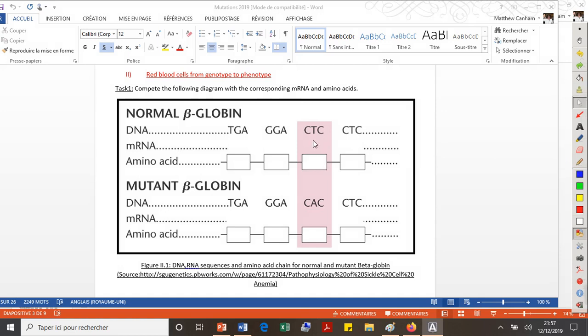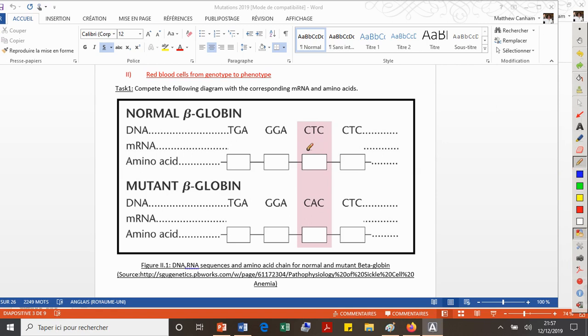So what we have here is the template sequence. The template sequence is going to be used to build the mRNA. So if I have CTC on the DNA, therefore on the mRNA I'm going to have something which is complementary.